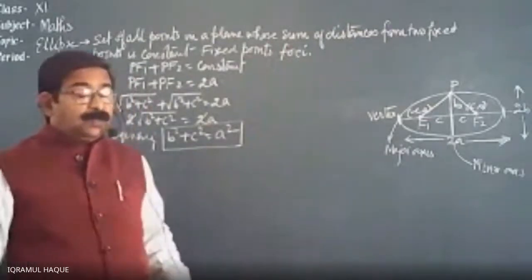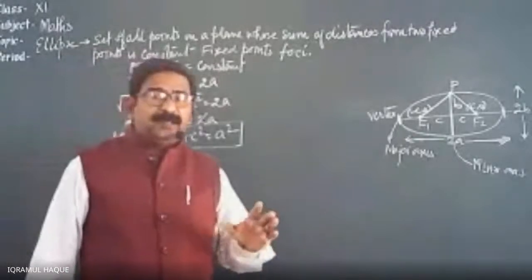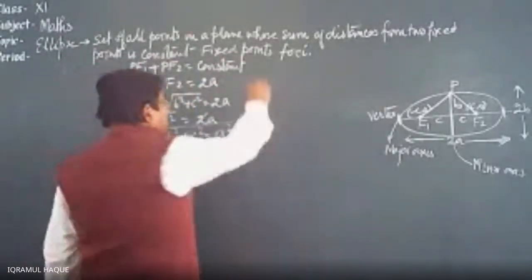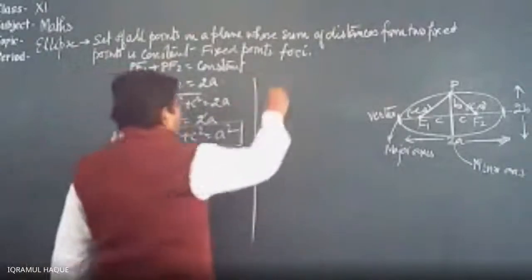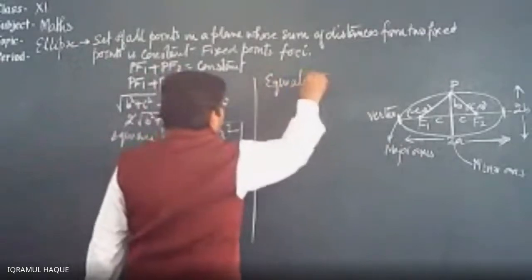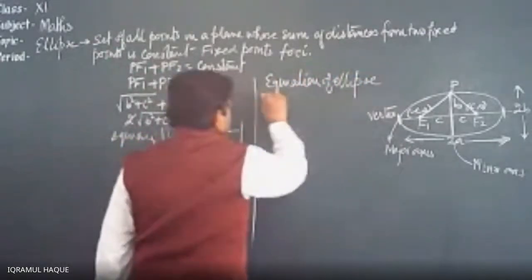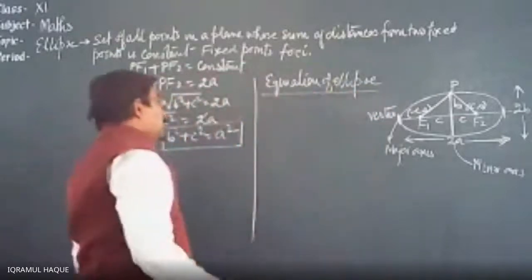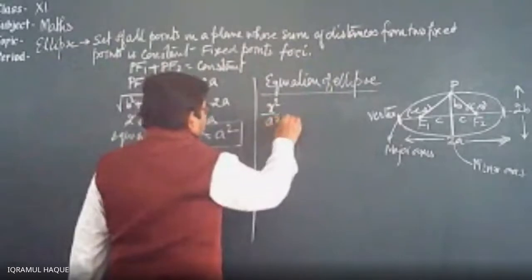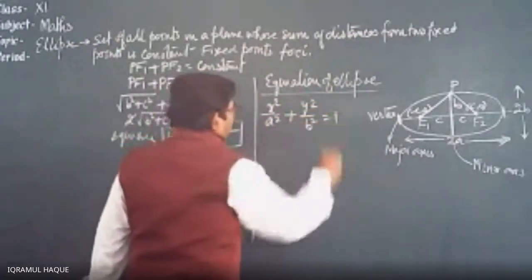Now, let's see the equation. I am not going to establish the equation. Its derivation is not so important. I am writing the equation of the ellipse: x square upon a square plus y square upon b square is equal to 1.